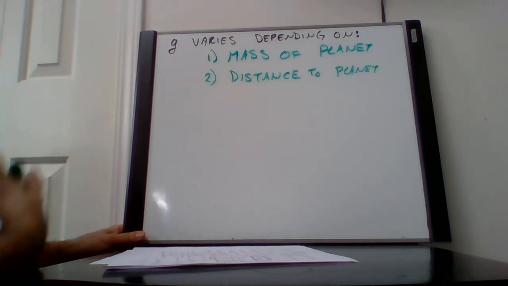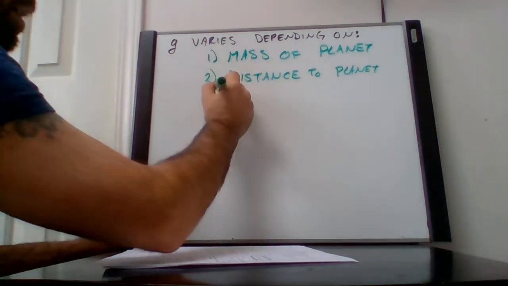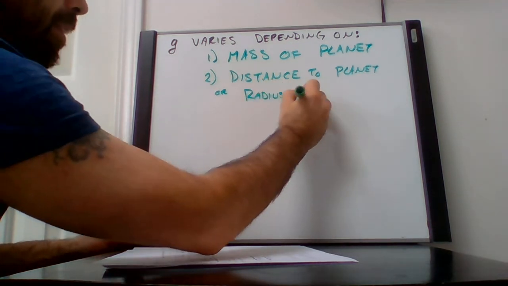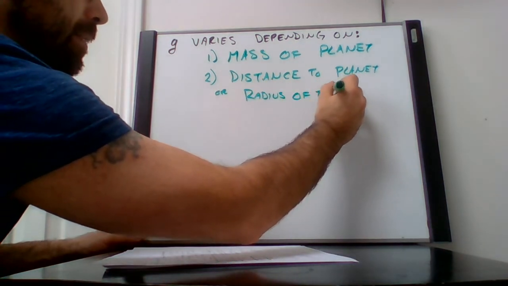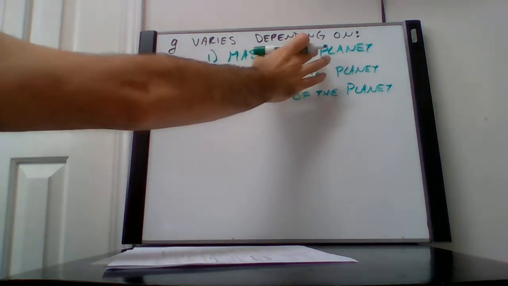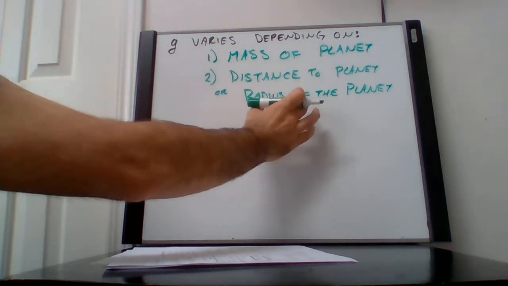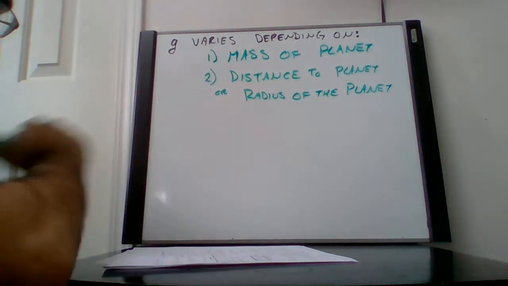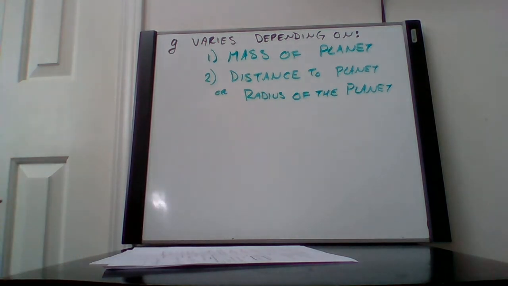Or if we're talking about an object on the planet, we're going to talk about the radius of the planet. Okay, so the mass of the planet, and then the distance to, or the radius of that planet, depending on if we're far away from it or if we're actually standing on the surface of that planet.